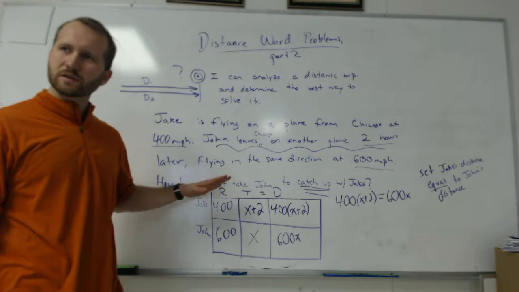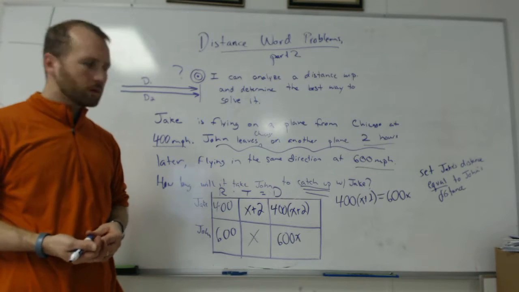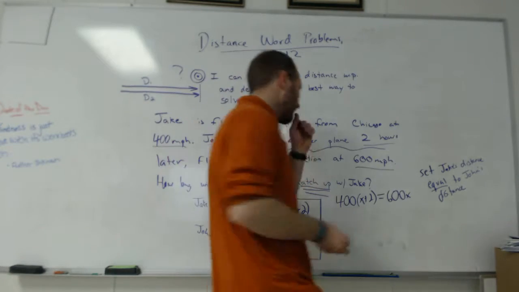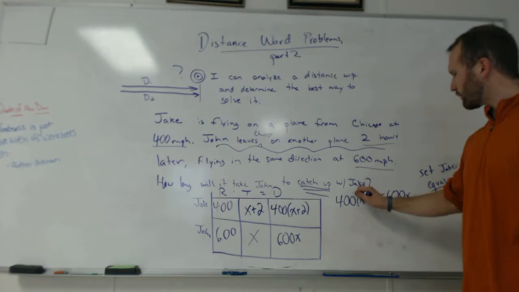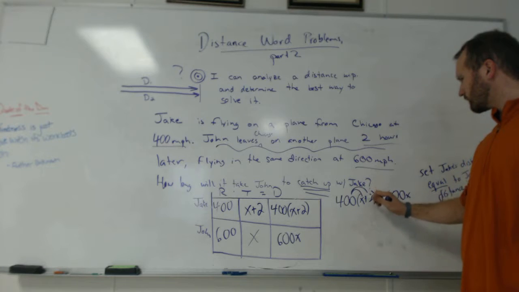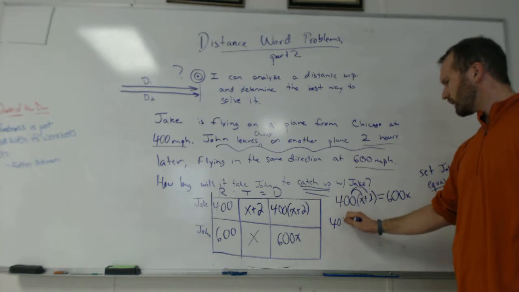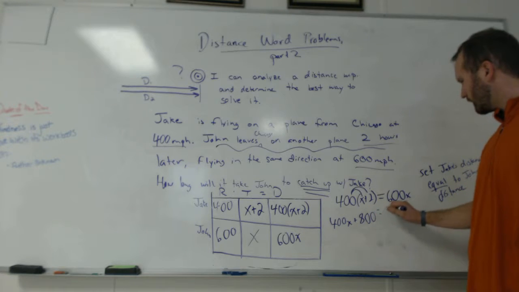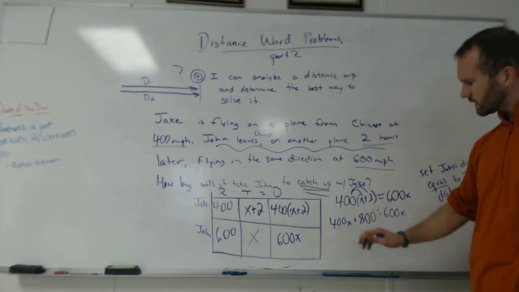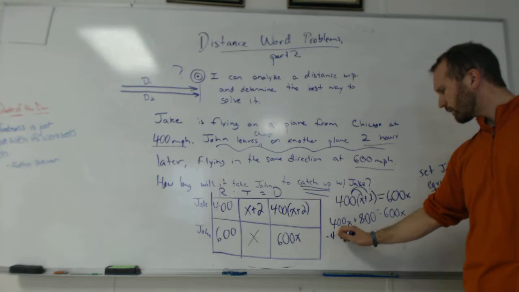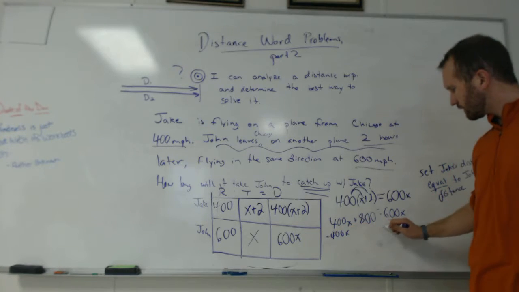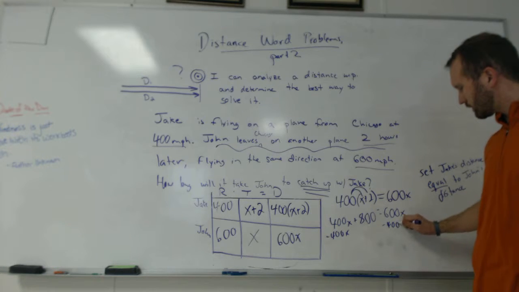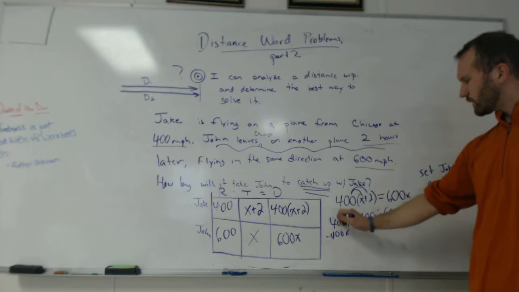All right, any questions so far? No? Now I just have to solve this. So I use the distributive property, 400 times x and 400 times 2. I get 400x plus 800 equals 600x. I'm going to subtract 400x from both sides. So that cancels out.